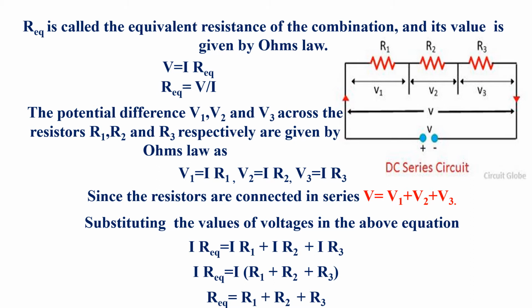So Req is equal to V by I. So the potential differences V1, V2 and V3 across the resistors R1, R2 and R3 respectively are given by Ohm's law as V1 is equal to IR1, V2 is equal to IR2 and V3 is equal to IR3.